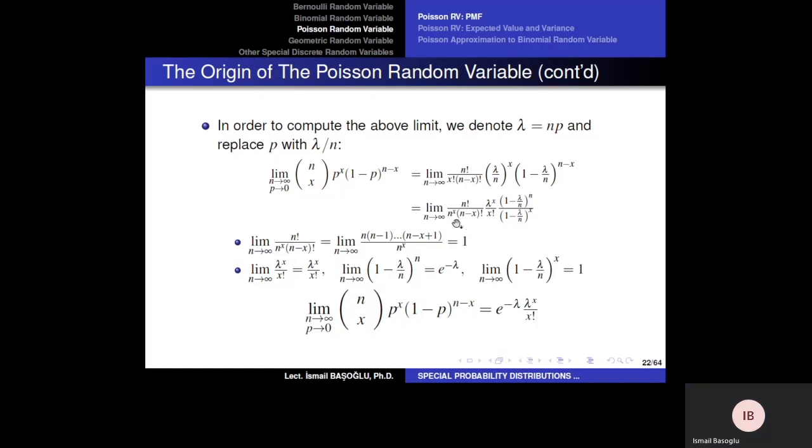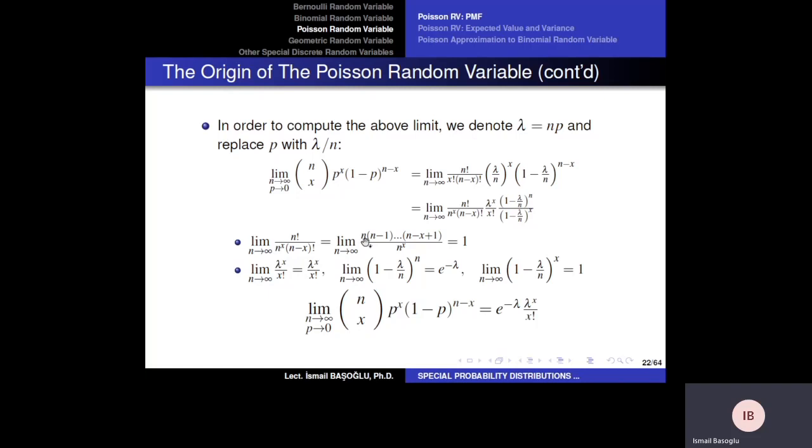Now, we have 3 components. Let's focus on the first component. If we take the limit of the first component as n goes to infinity, what happens? n factorial can be expanded as n times n minus 1 times n minus 2, and so forth, up to n minus x plus 1 times n minus x factorial, and the n minus x factorial terms will cancel out. So in the numerator, there will only remain these multiplier terms, and in the denominator, we will have n to the power x.